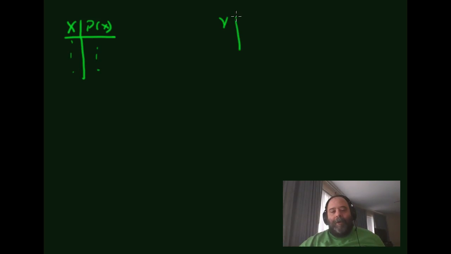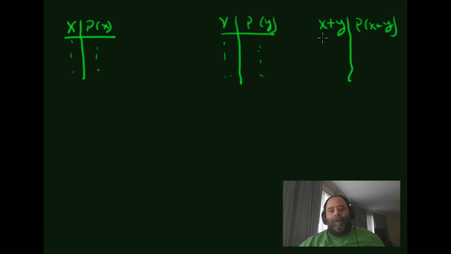Okay, so now we're going to combine two distributions. So we'll have an x distribution, right, with probabilities of x. We have a y distribution of probabilities of y. And now we want to know, if I add the x and the y, what's the probability of getting that result?